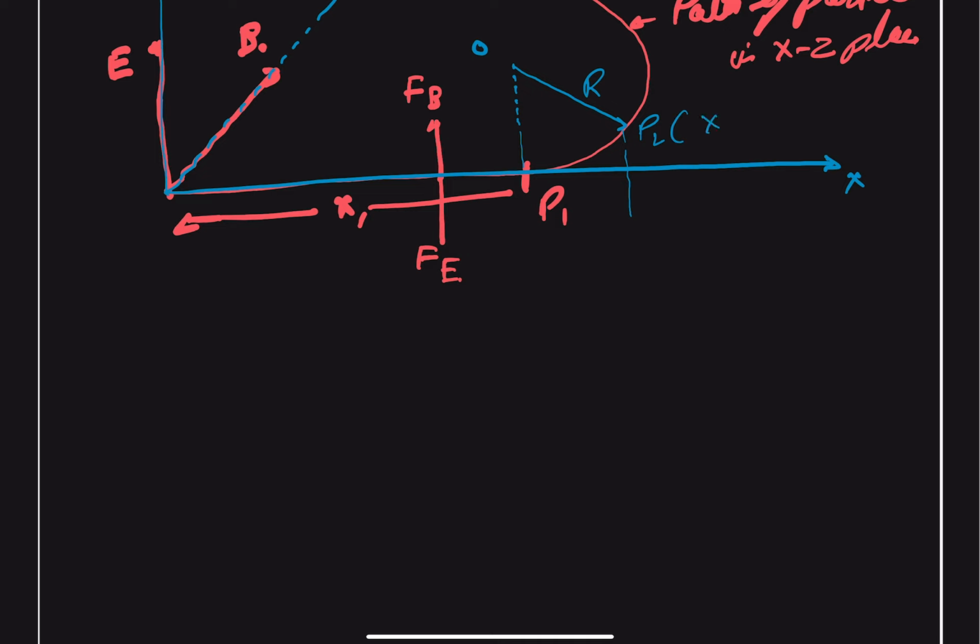So obviously it will be x2 and z2 only. Y2 will be 0 because the plane is our xz. If this angle is theta, this height will be r cos theta, and let us suppose this is given as z2.